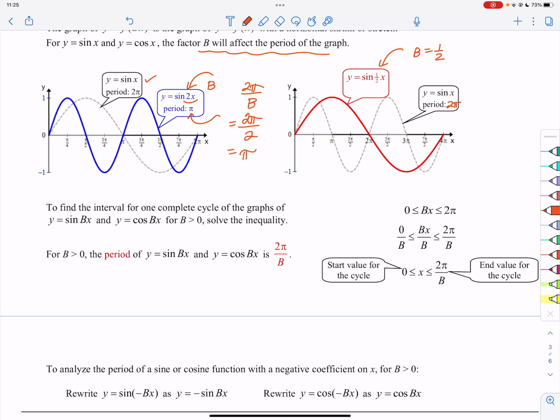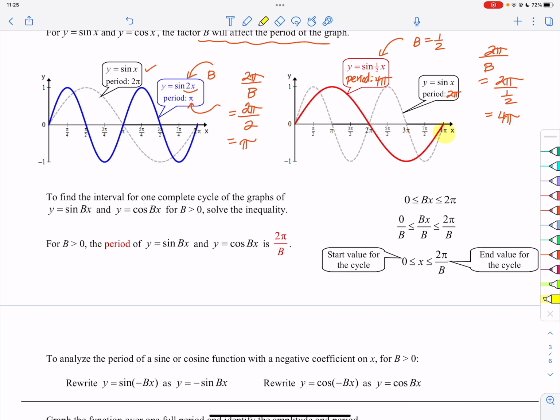And so now we'll take 2 pi and divide it by b. 2 pi divided by 1/2, and that's 4 pi. So now the period is 4 pi. Okay? You can see that right here. And then here is the period pi.